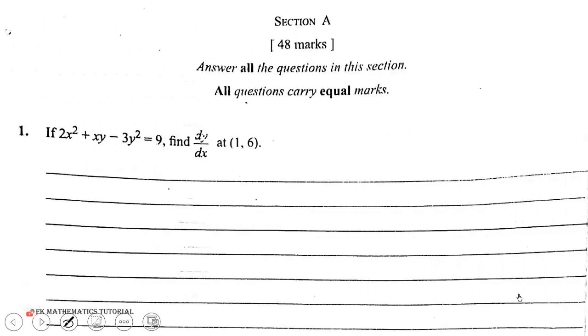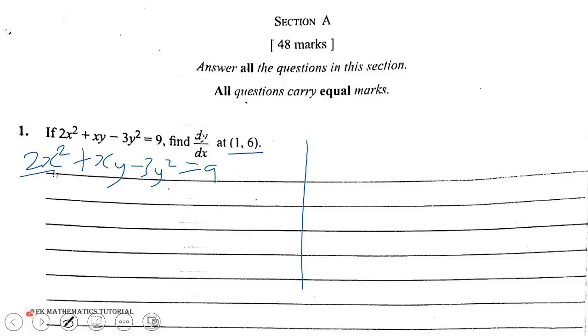So the question given to us is this: 2x squared plus xy minus 3y squared is equal to 9. And we are finding the dy/dx at the point (1, 6). So this is an implicit differentiation. And you recall that we are differentiating with respect to x.